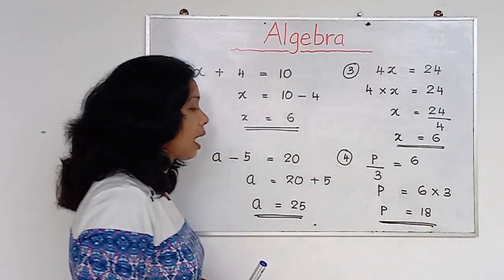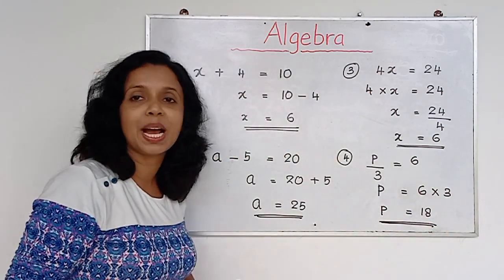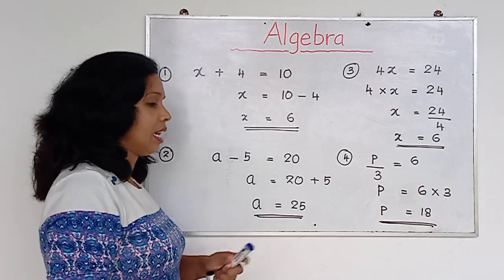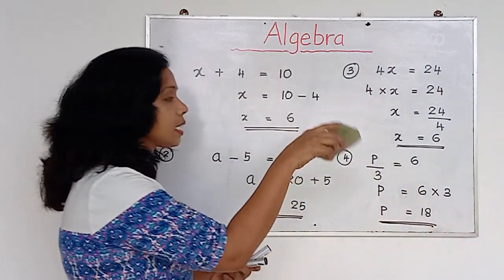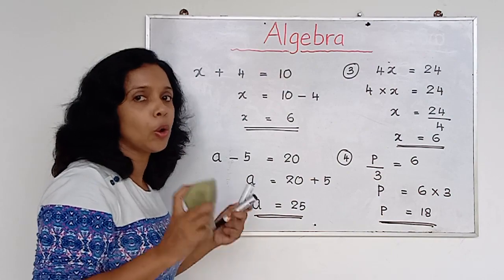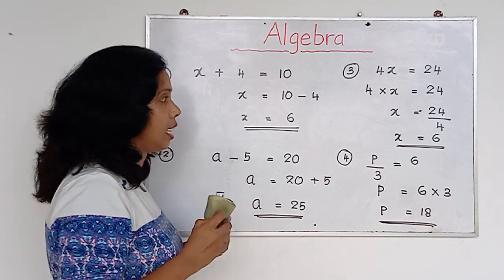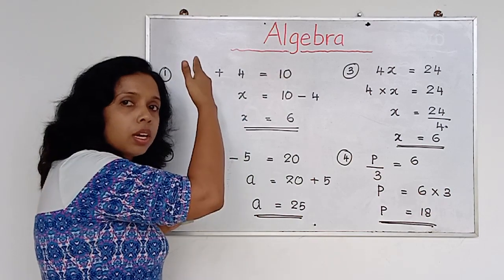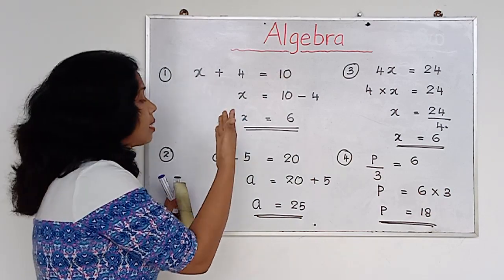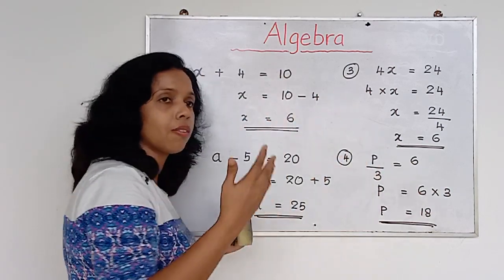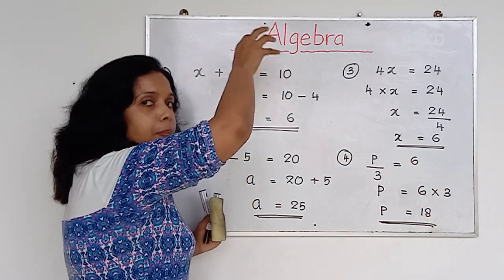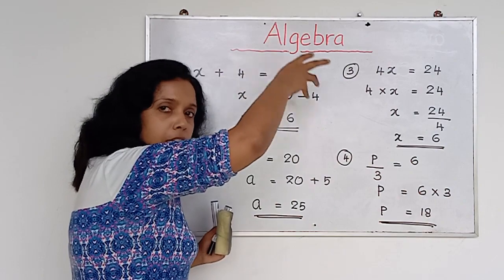These are the types of questions, examples we discussed in the previous video. Now, after discussing these 4 questions, I hope everybody understood what I did. I want to keep the unknown value on one side, whatever the letter they have given, x, a or p, and I'll send the other parts to the other side.